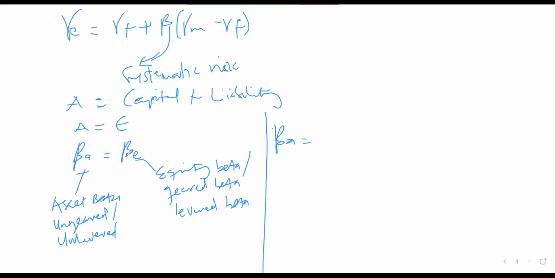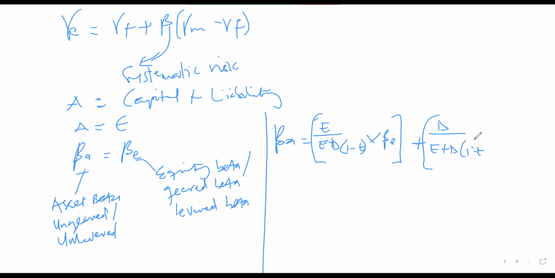So your asset beta becomes E over (E plus D(1 minus T)) times your equity beta, because interest on debt is tax deductible, so you multiply your debt by 1 minus T. That is the proportion of equity beta that contributes to the total asset beta of the firm, plus the proportion of debt beta, D(1 minus T) over (E plus D(1 minus T)), times debt beta.